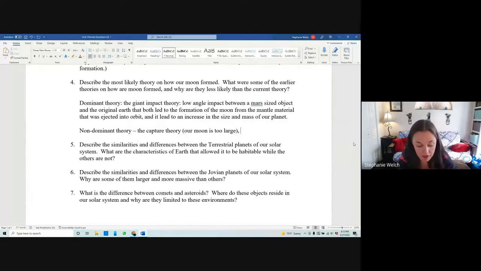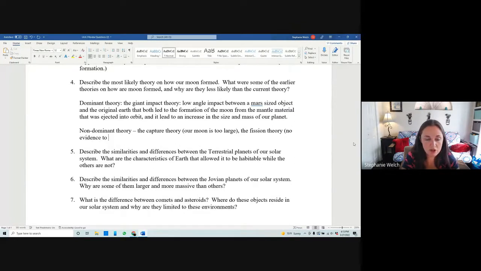Something like the fission theory just basically has no evidence to support it. So essentially with fission, the idea is that you have material that was actually originally part of the Earth itself that somehow became detached to form the moon.